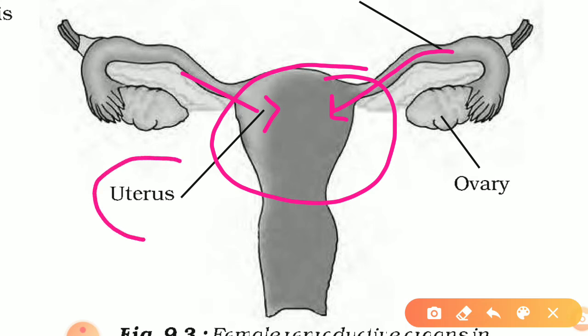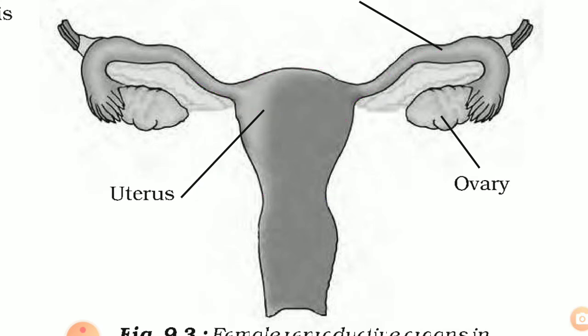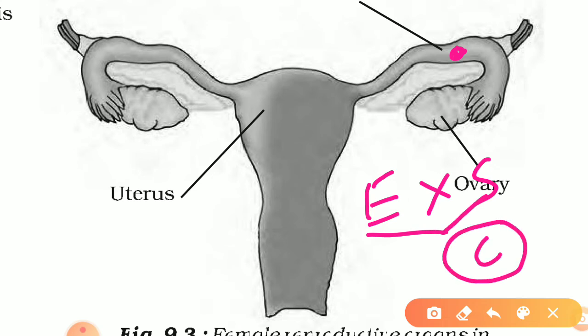First of all, you should know the uterus is also known by the name of womb. This is the common name of uterus, womb. And what is the function of the uterus? That I'll tell you. As I told, here fertilization of egg and sperm takes place. And when egg meets with sperm, both of them fuse together and form a single cell. And that single cell is called zygote.